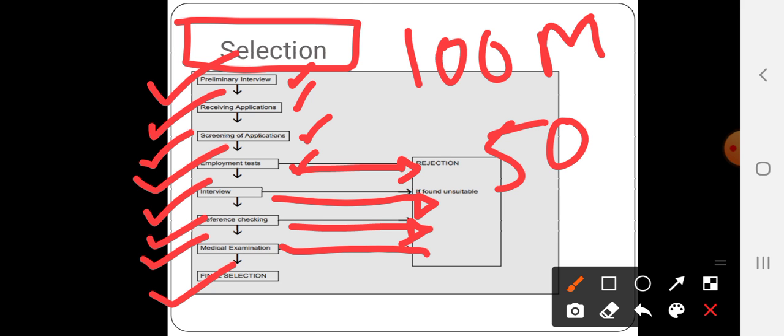Last is medical examination. Even if you are not physically fit for certain jobs, they may reject you. So this is a selection procedure.